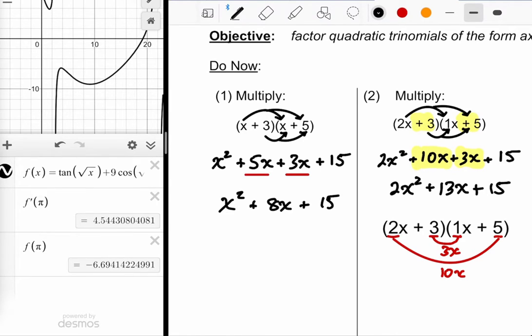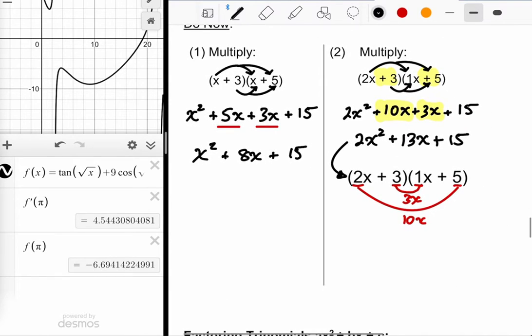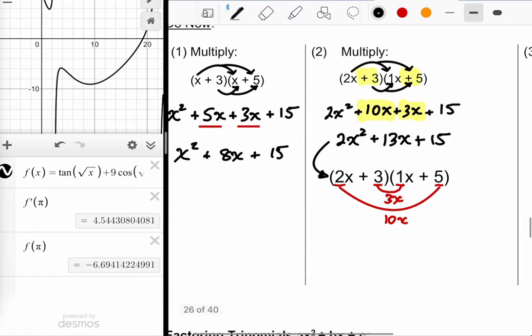So if we want to go the other way, going from the trinomial to the binomials multiplied, I'd be looking for two numbers that multiply to the c value, but I need my outer and inner products to add to the b value. There's a whole process written below, but this is the simple gist of it.